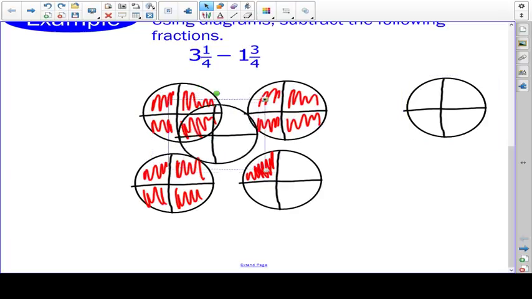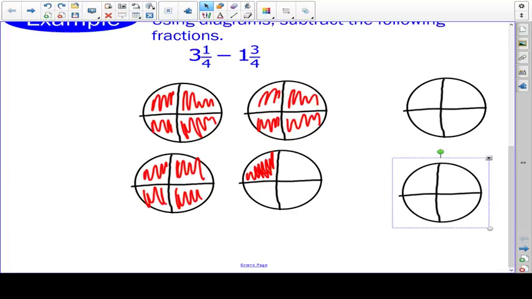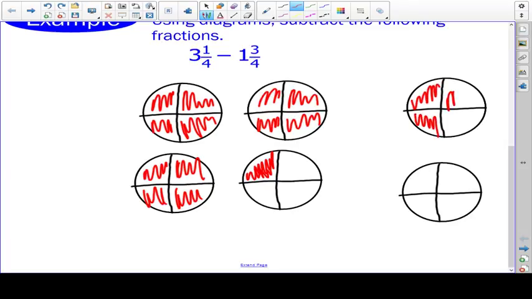I'm going to clone it. I'm going to bring it right down here. So 1 3/4 is one whole circle shaded in plus 3/4 of 1. So I'm subtracting 1 3/4 from 3 1/4.